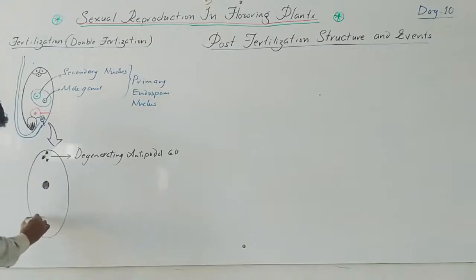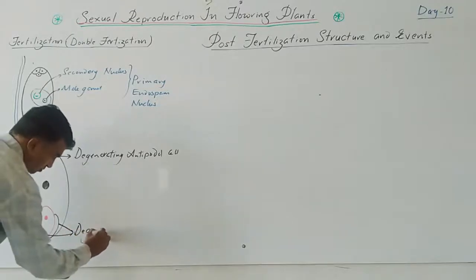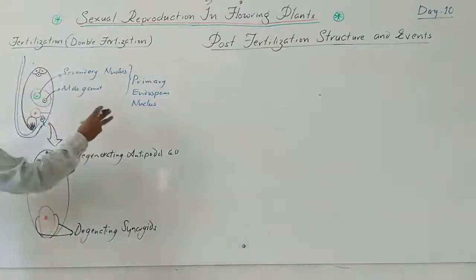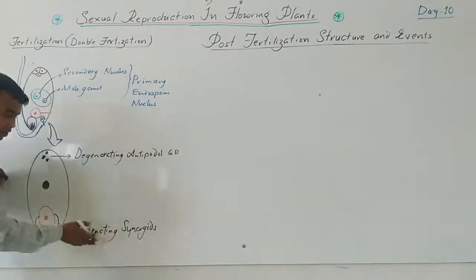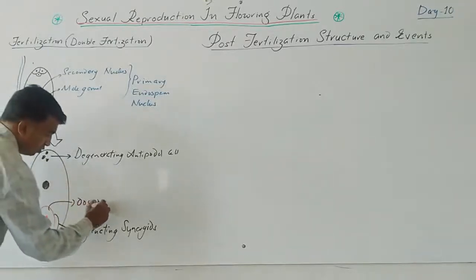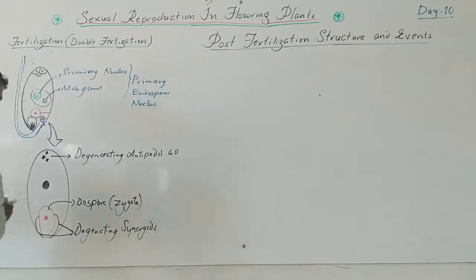This is one synergid and this is the fertilized egg, the oospore, and one more degenerating synergid. So antipodal cells degenerate, then synergids also degenerate. This is the oospore or zygote.